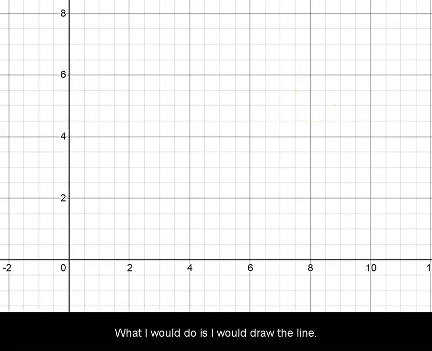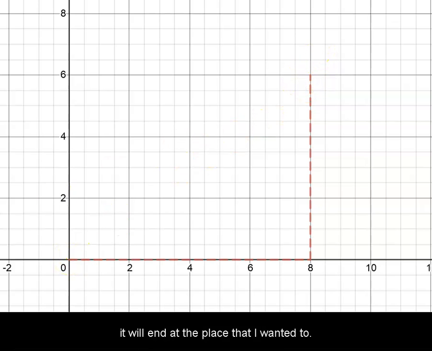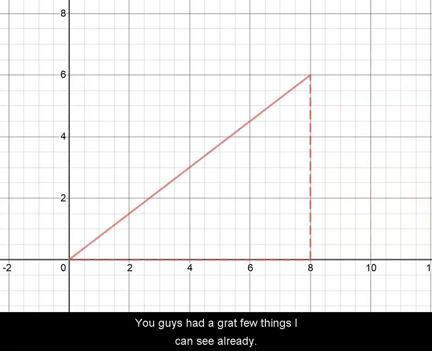What I would do is draw a line until I get to 8, and then I'll draw a line up until I get to the point that I want, at 6, right? And then once I find that position here, I'll draw my vector. So my vector's initial point will start at 0 and it will end at the place that I want it to go, okay? So I'm really just showing you how to graph these things.